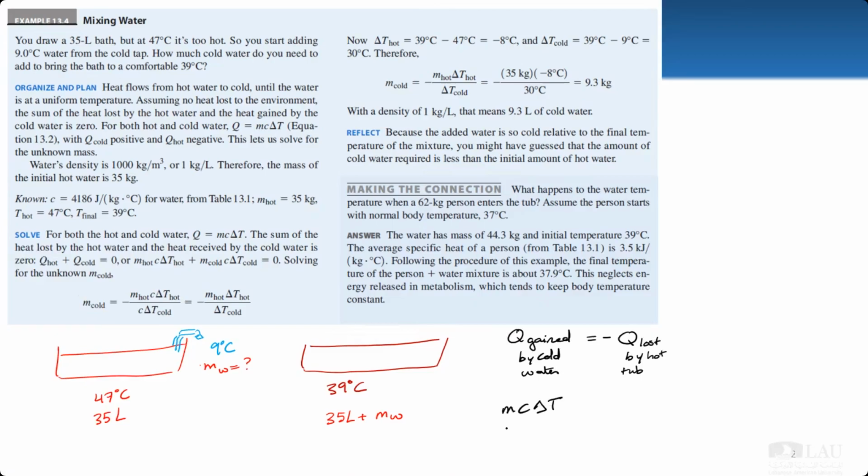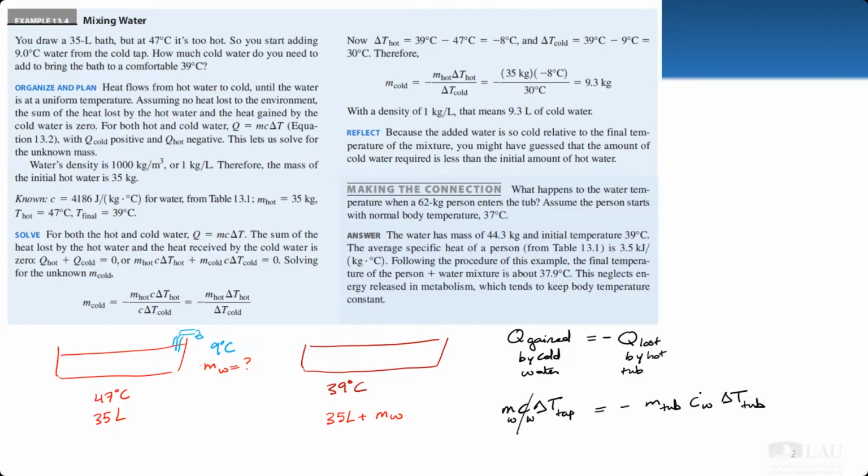MC delta T. This is M that I have added, C of water, delta T of the cold water equals minus M of the water in the tub, C of water again, delta T of the water in the tub. Notice how both objects are water here. We're mixing the same material, unlike previous problems where we were adding a solid into the water.